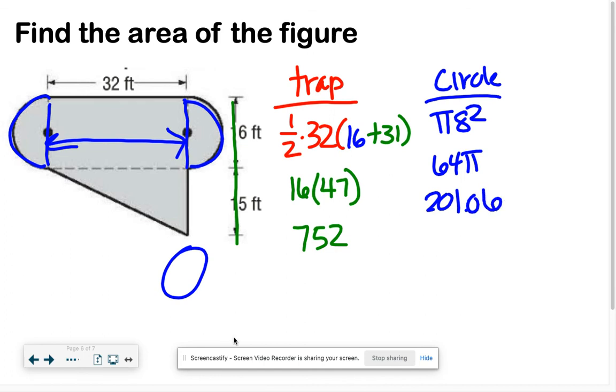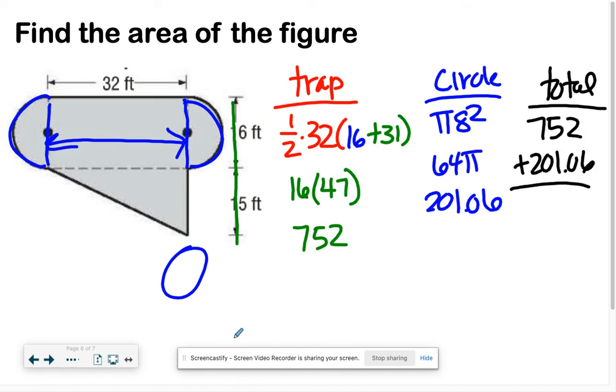Now our total, add them up: 752 plus 201.06 should give us 953.06 feet squared.